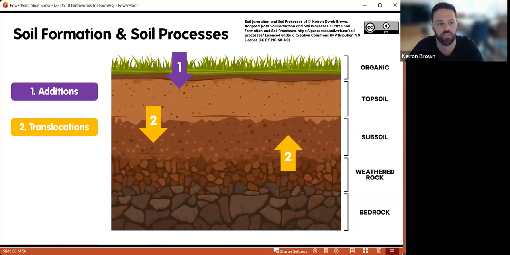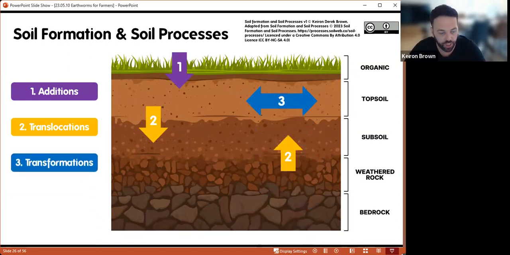An example of adding things to the soil would be the breakdown of leaves by earthworms. Translocations might be earthworms moving soil, either by burrowing or by just sticking to them as they move through the soil. The third kind of soil processes are the transformations. So this is when components of the soil are converted from one thing to another.